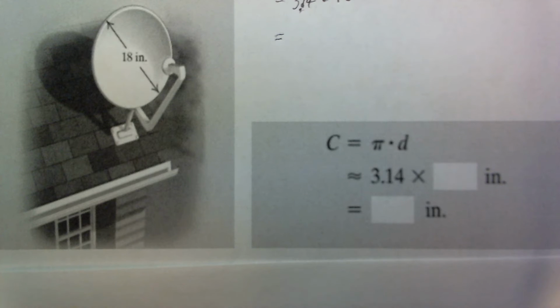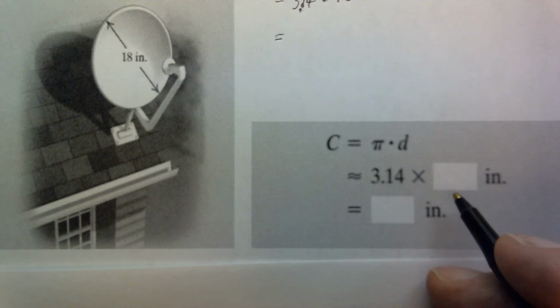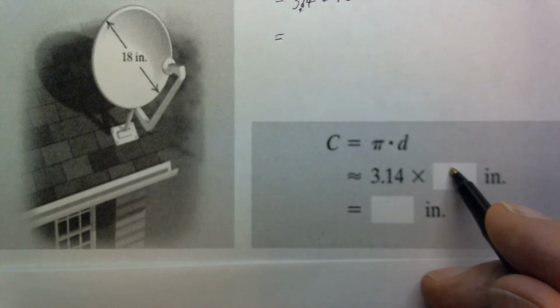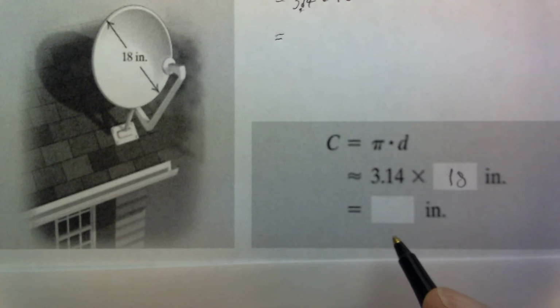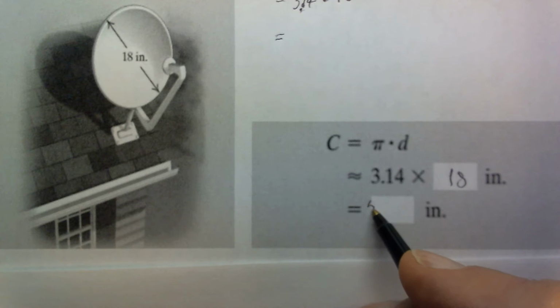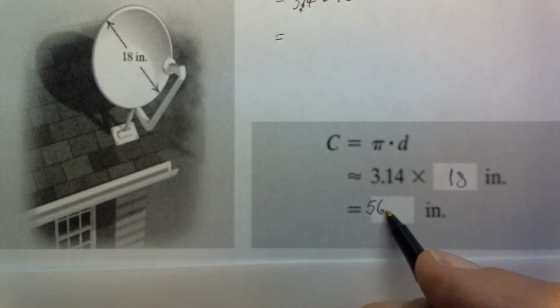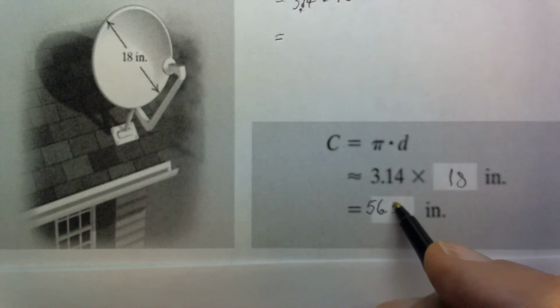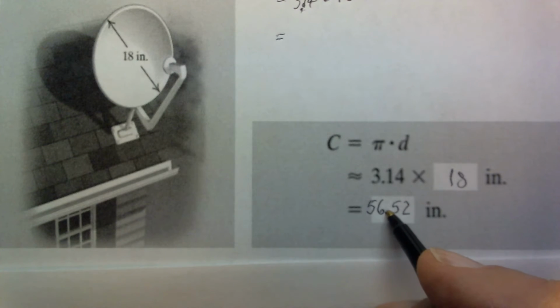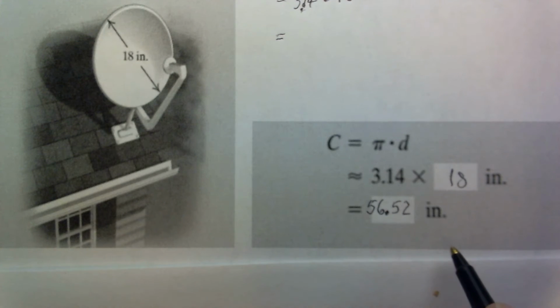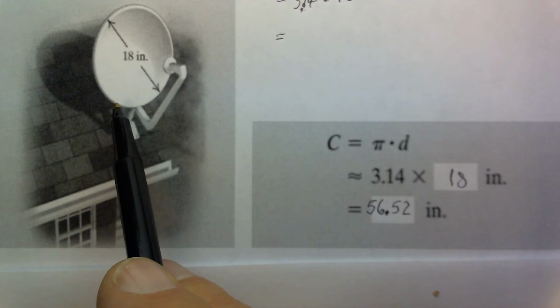So following the guided solution, 3.14 times 18 inches. So that is then equal to 56.52 inches. So that is the circumference of this shape here.